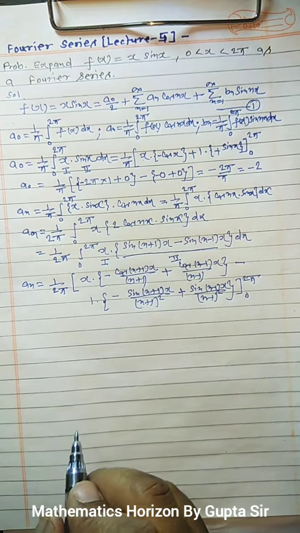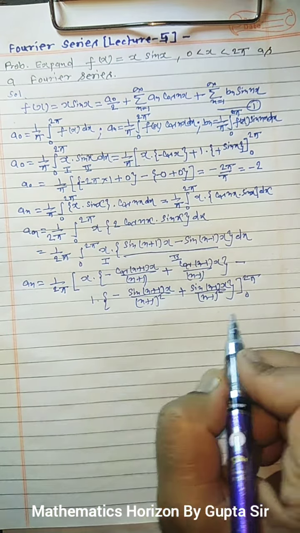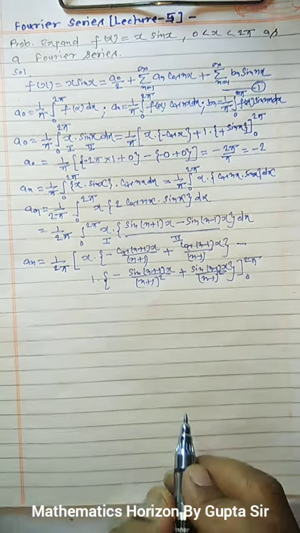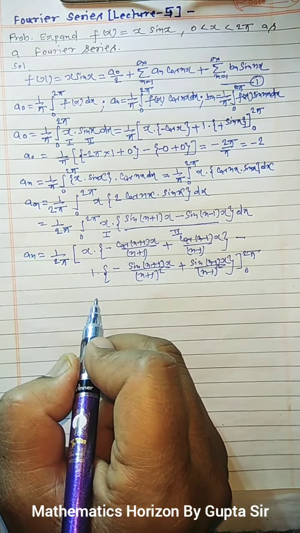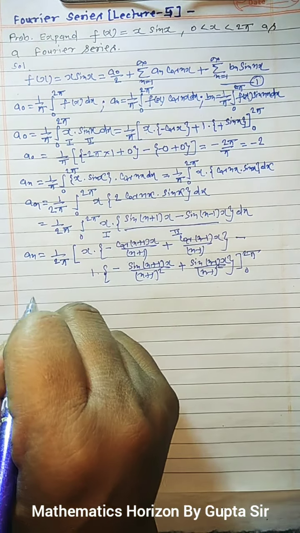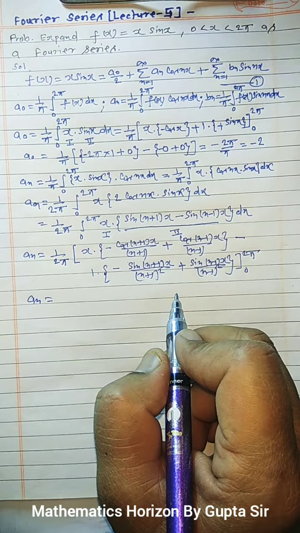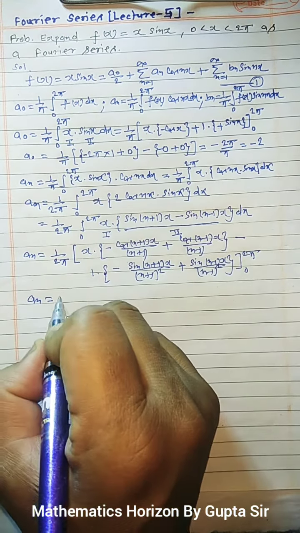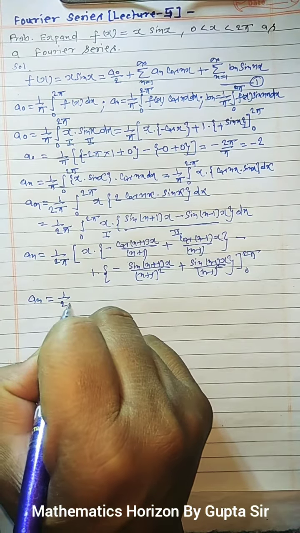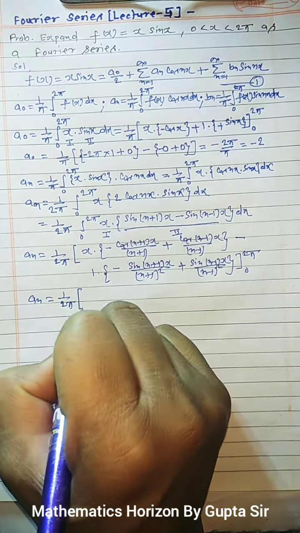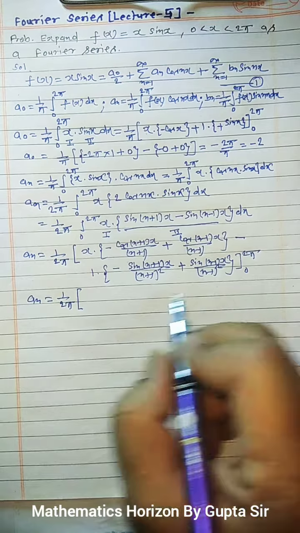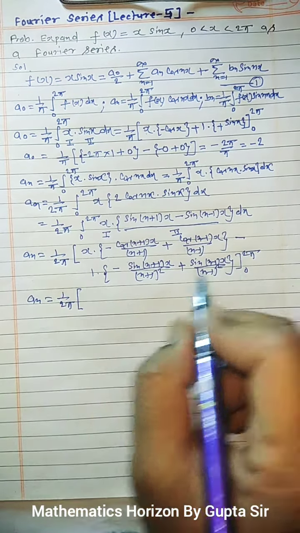Okay, now we apply this limit. First we apply the upper limit. The upper limit is x equal to 2 pi.